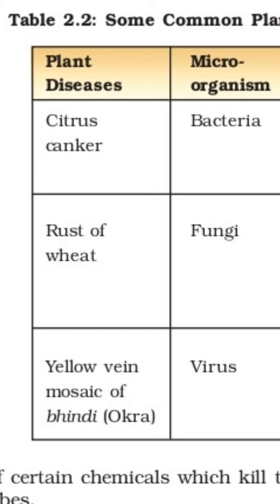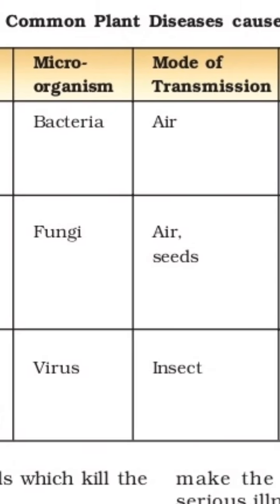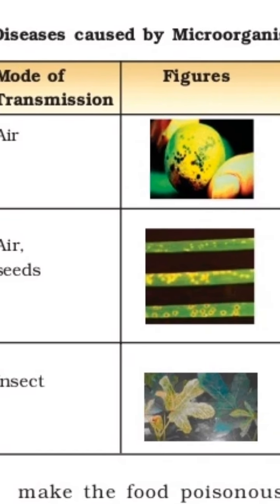Some black spots and some greenish spots will be observed on the wheat, and it is transferred through air and from seed to seed. Suppose a seed which is attacked by the fungus is put directly into the healthy seeds, then it will be transferred from seed to seed. The figure is mentioned here, you will see it in this picture.